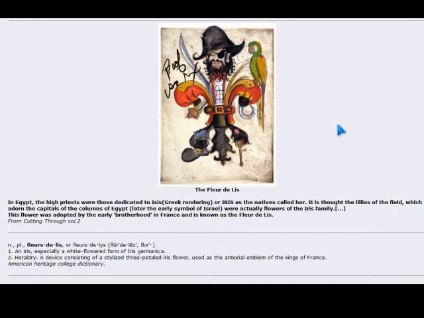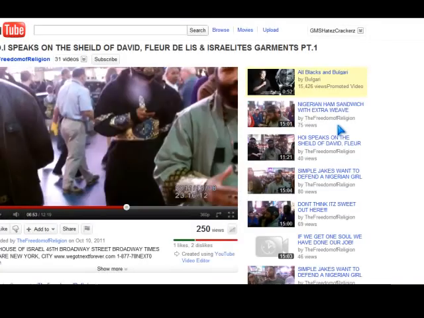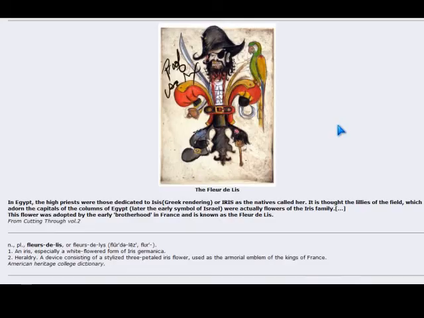It is thought the lilies of the field which adorn the capitals of the columns of Egypt, in parentheses, later the early symbol of Israel.